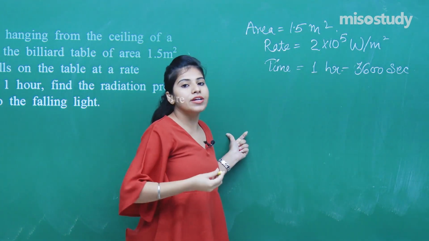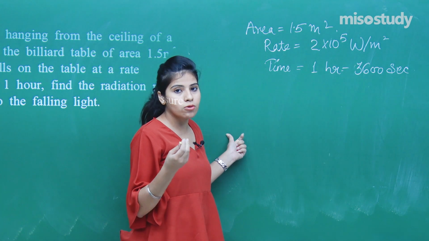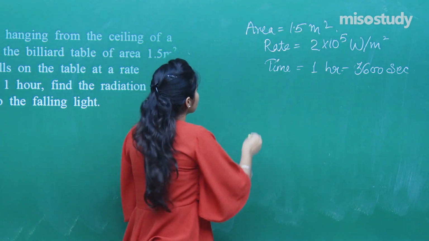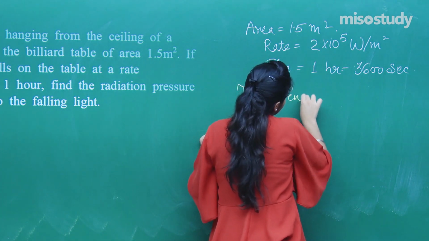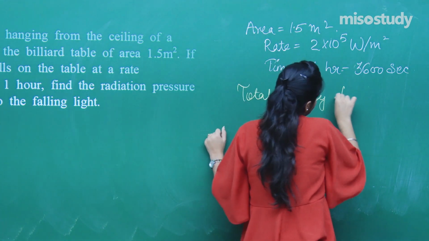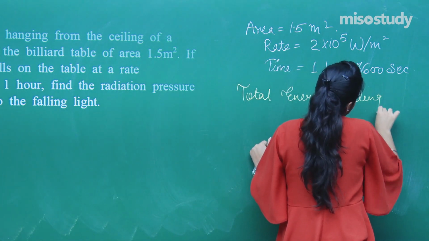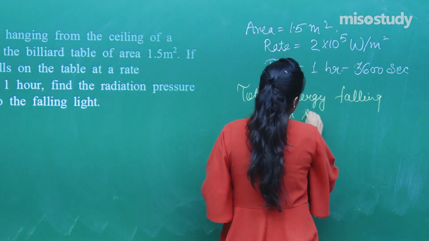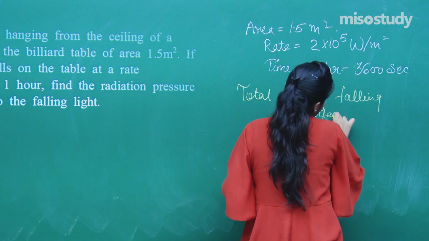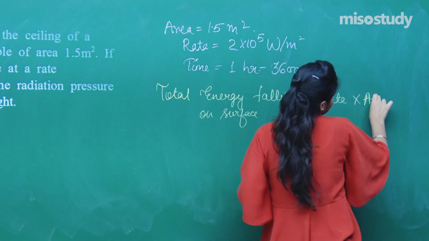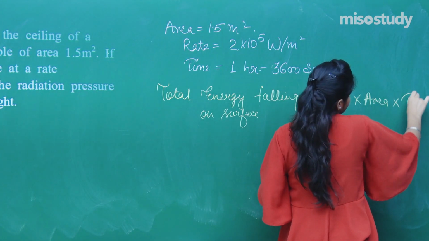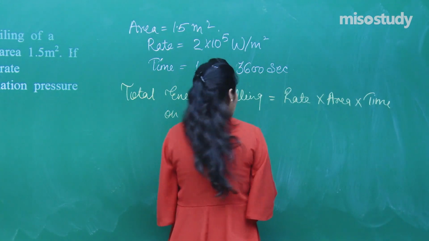To find out the radiation pressure, we firstly have to find out the energy. So the total energy falling on the surface will be rate multiplied by area multiplied by time. So multiply these three terms.